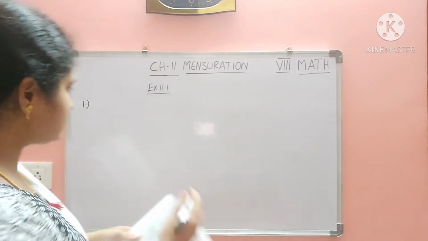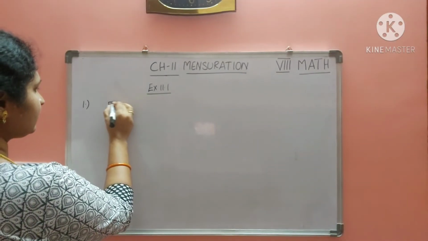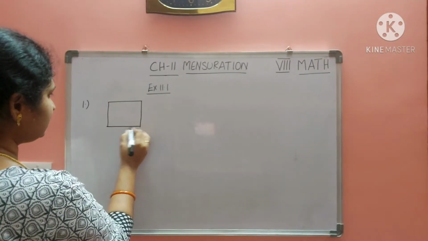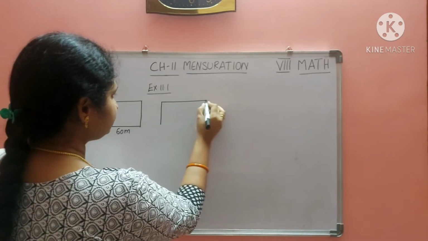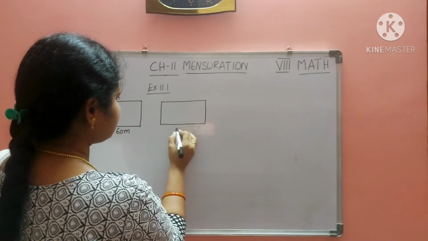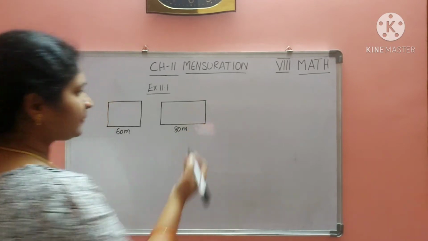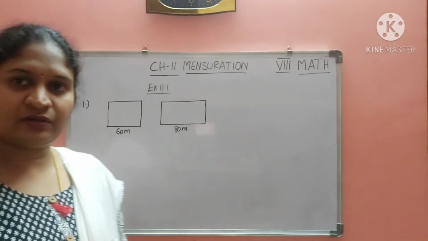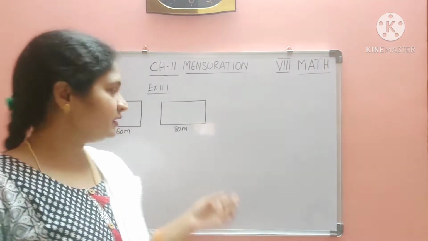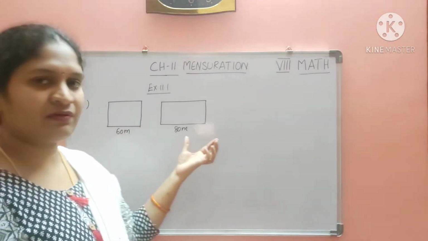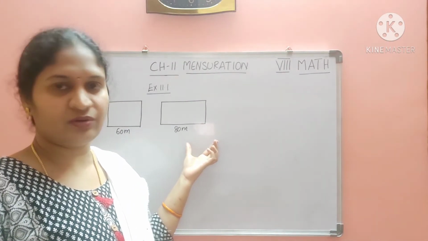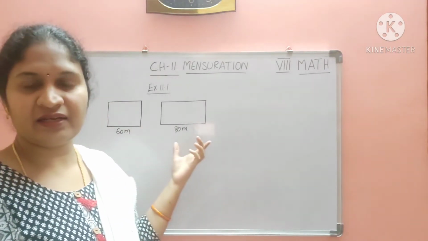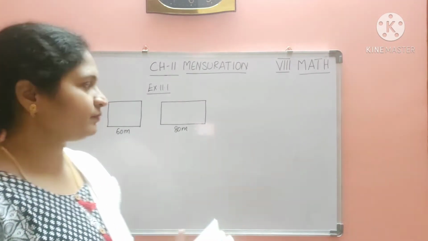They have given a square with side 60 meters and a rectangle of length 80 meters. They have given that the perimeter of the square is equal to the perimeter of the rectangle, and they are asking you to find the area of the square and the area of the rectangle.